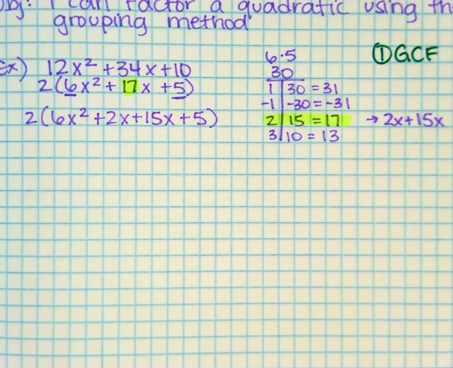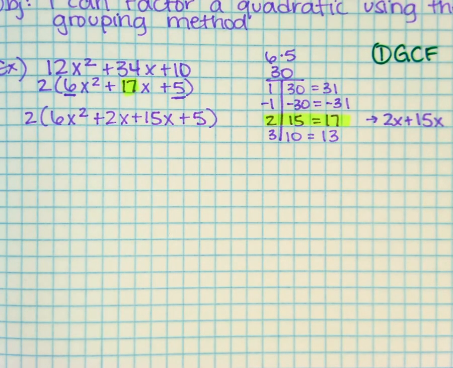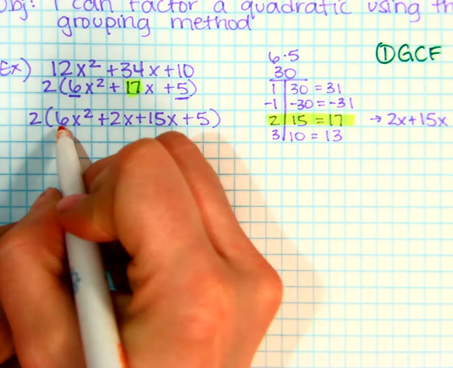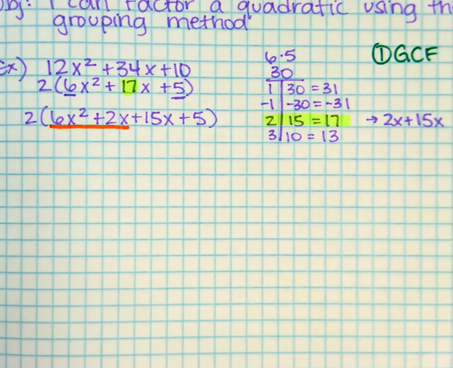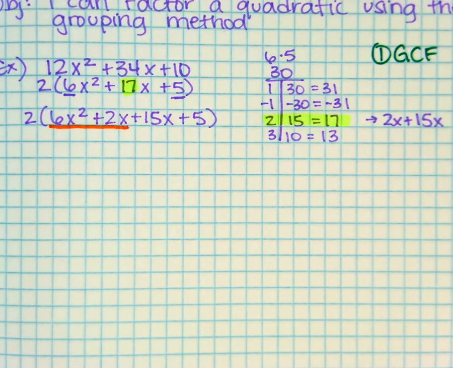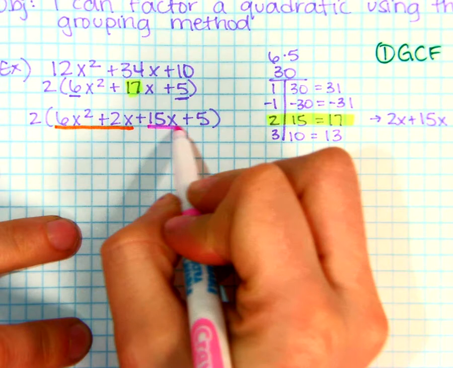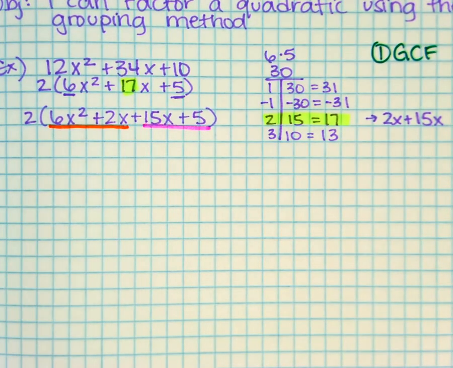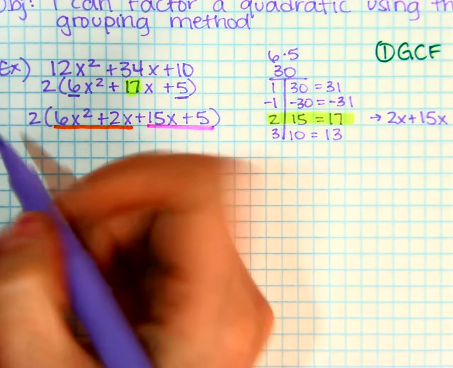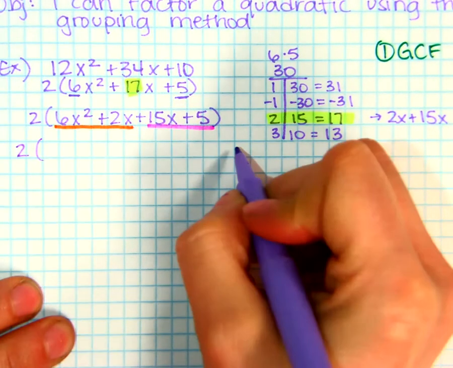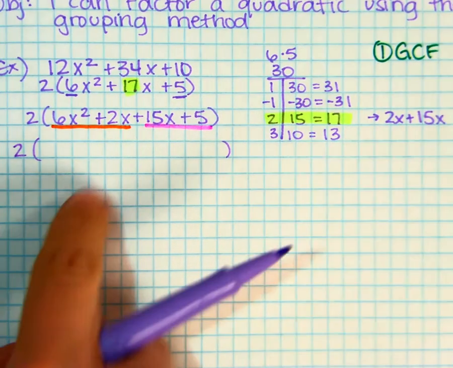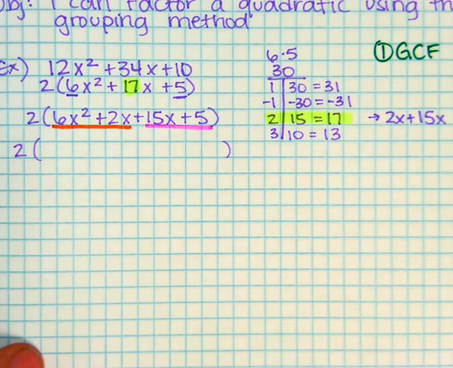Alright, so now here's the tricky part. We're going to group together the first 2 terms and the second 2 terms. And we're going to pull out the GCF of each one. So I'm going to start with this 2 stays outside. What is the GCF of just these 2?